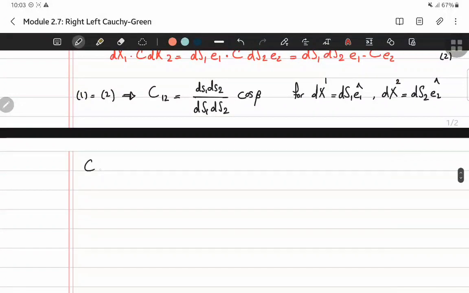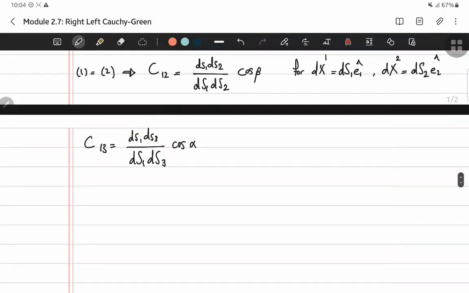So you can also write this for 1, 3, where you have ds1 ds3 divided by capital dS1 dS3 and the cosine, for example, we can call this alpha. This is, of course, for dX1 equal to dS1 E1 and dX3 equal to dS3 E3.